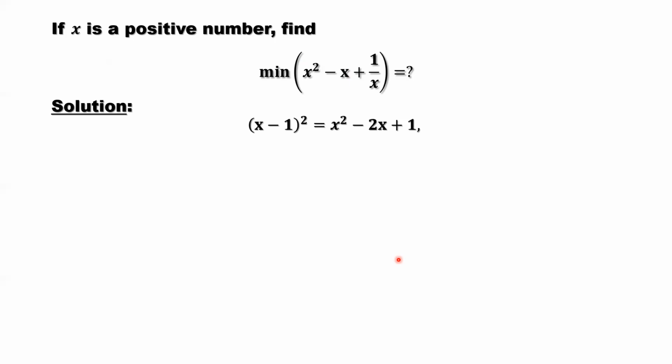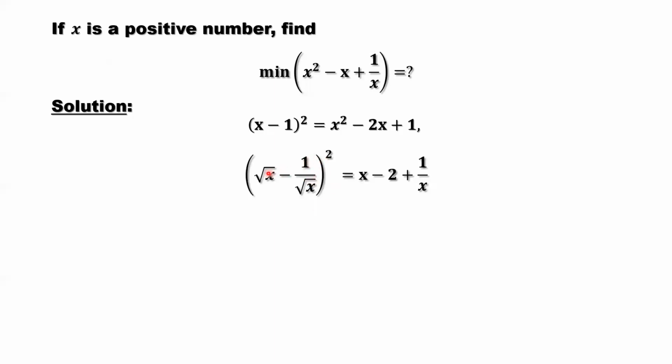Let's consider x minus 1 squared, which is x squared minus 2x plus 1. This is related to the x squared and x term. Now, consider the next square term: square root of x minus 1 over square root of x, then square.